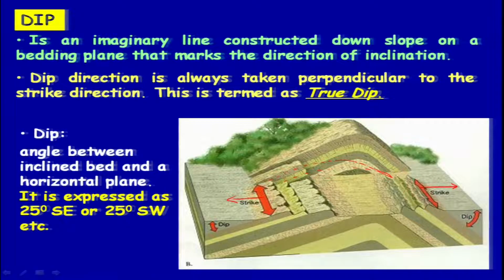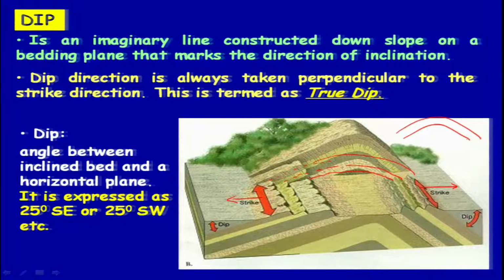Another one will go here, and a third one is here. So what you see at the backdrop is your fold, and this is what we call an anticline.